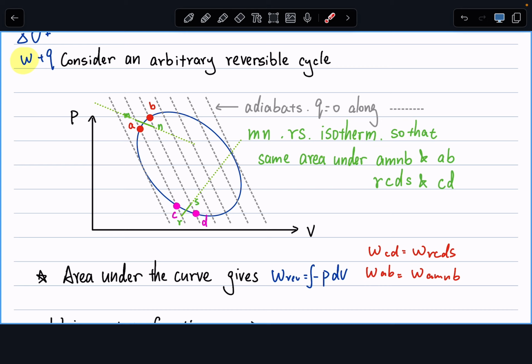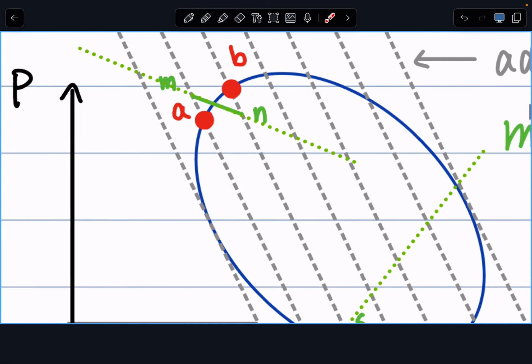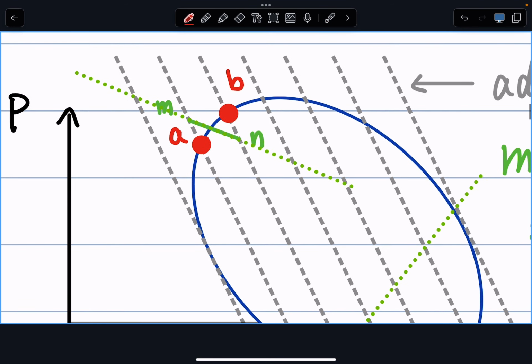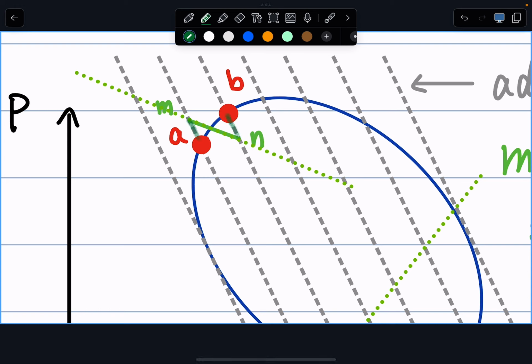Yes. When you say A, M, N, and B, is it the area of the triangle? So it's A, M, N, and B, that's the curve, and we're just thinking about the area below this curve.